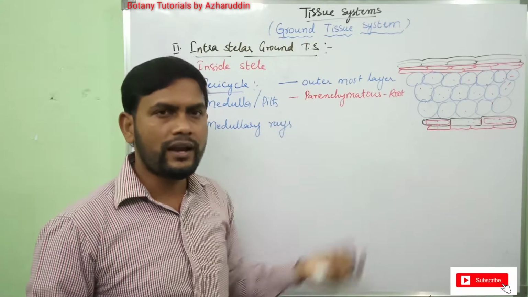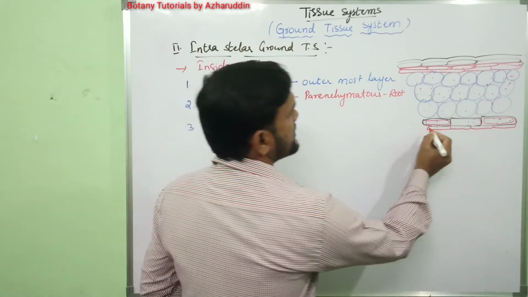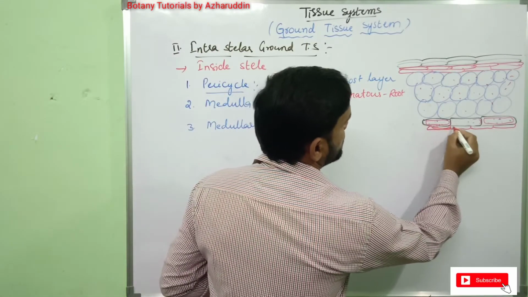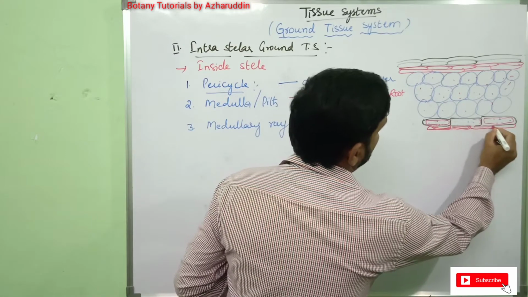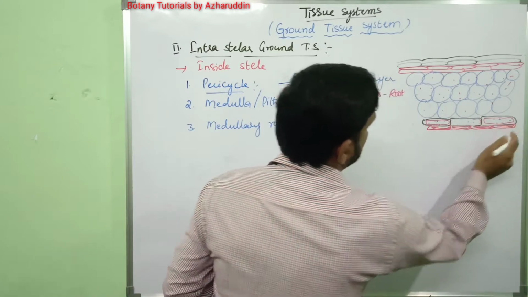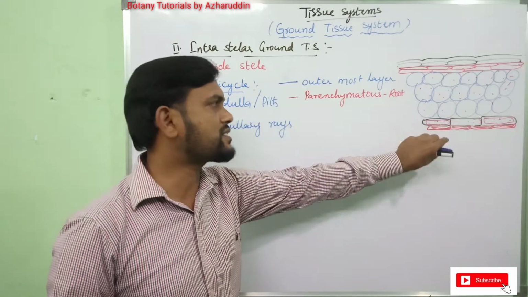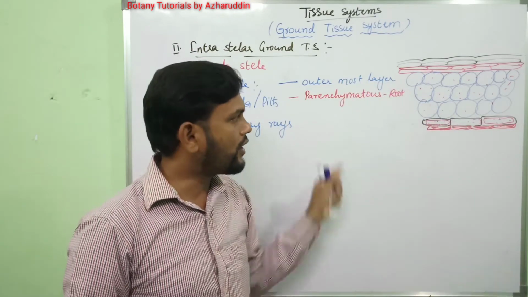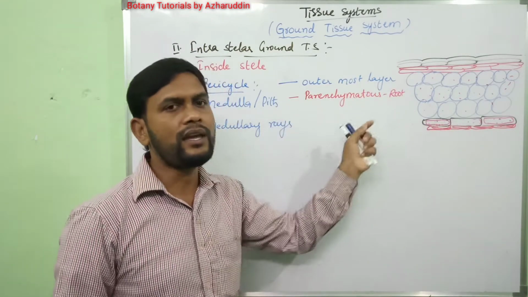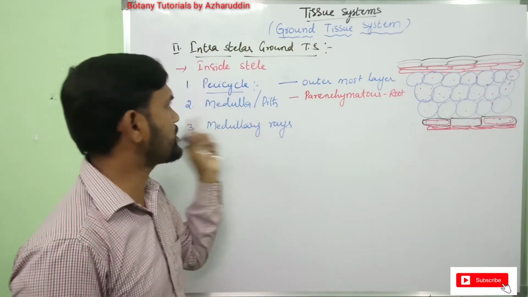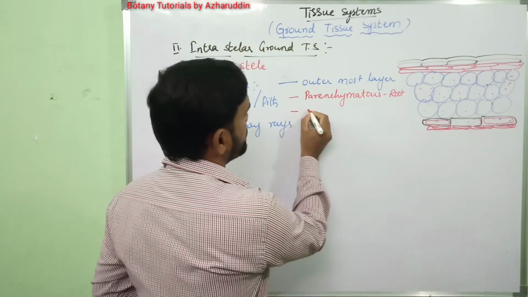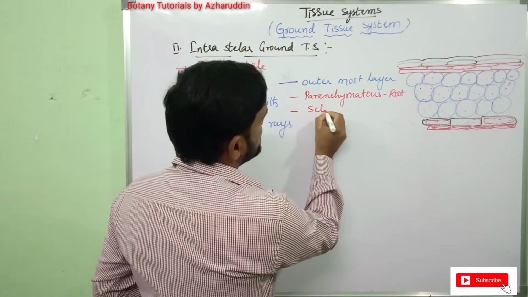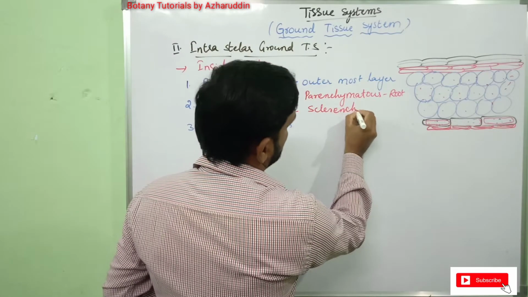Coming to dicot stems, it is sclerenchymatous, and it may be a continuous or discontinuous ring. In dicots, it is sclerenchymatous, right?